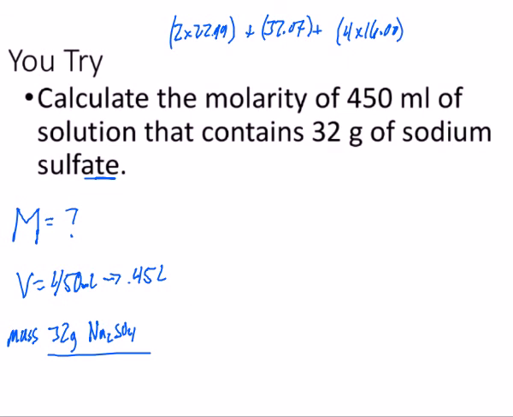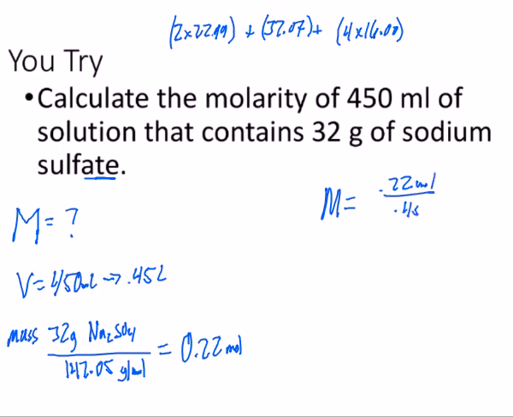All right. When you do the math, what do you get for sodium sulfate's molar mass? Okay, 32 divided by 142.05, it should be a smaller decimal. 0.22 moles of sodium sulfate. So now you can go ahead and calculate 0.22 moles divided by 0.45 liters.